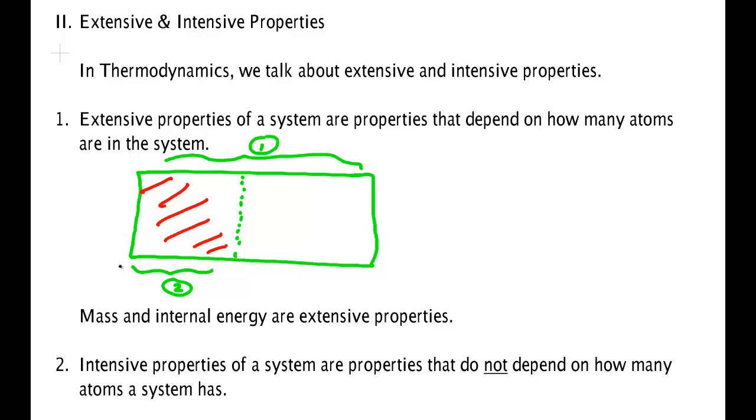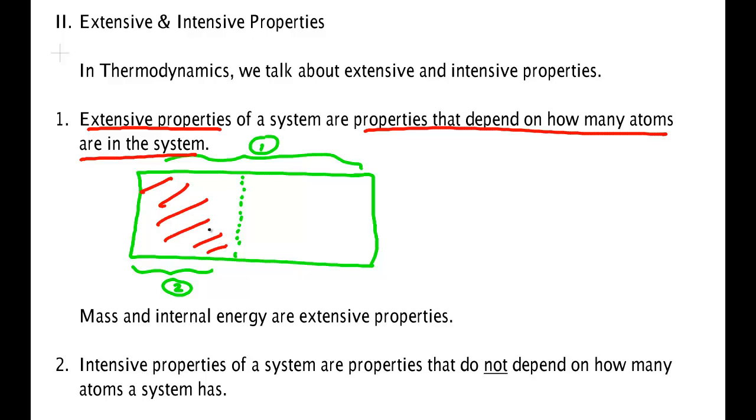If a property depends on the number of atoms in the system, then that property is said to be extensive. So an extensive property of a system is a property that depends on how many atoms are in the system. If I take the green to be my system, I have more atoms than if I cut and only take part of the block. So the mass of the system depends on the number of atoms, therefore it's an extensive property.